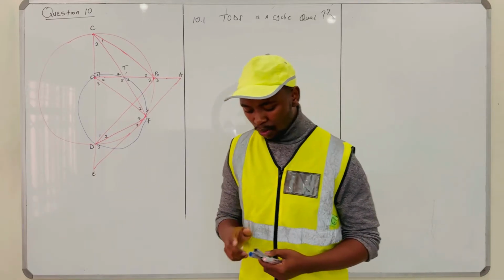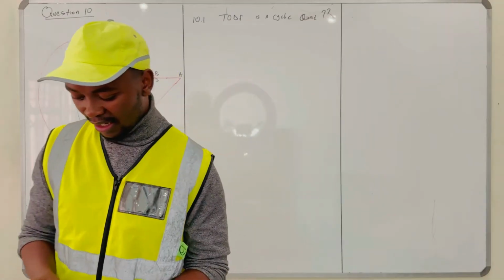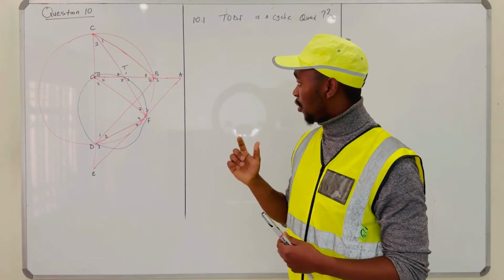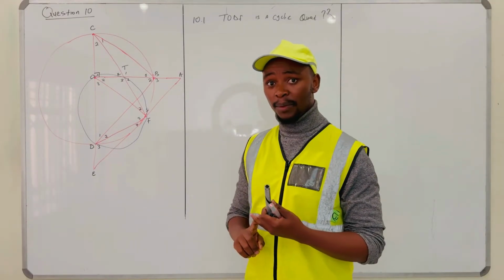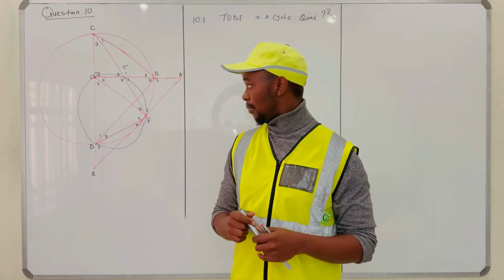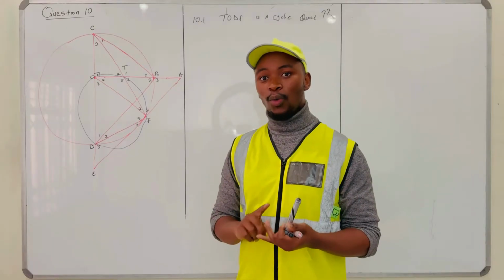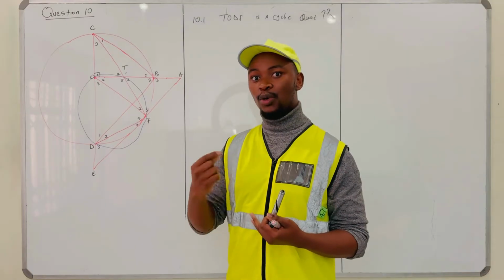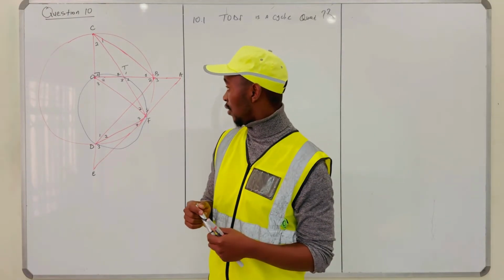Okay, now how do we go about proving something is a cyclic quad? Okay, so for cyclic quad, we know that the opposite angles of a cyclic quad are supplementary. Right. We also know that the exterior angle of a cyclic quad must be equal to the interior opposite angle of that cyclic quad.